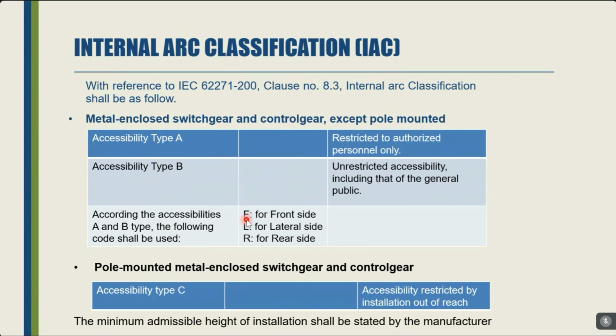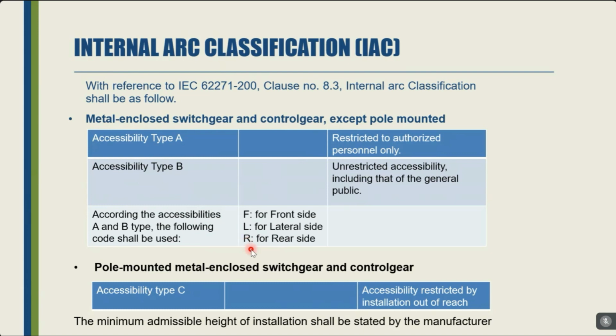First is F. F is called front. The letter L is called lateral, which means sideways. And R is called the rear side. Why is this mentioned? Because any three-dimensional panel you can ideally access in three ways: sideways, which is lateral, from the front, and the rear.